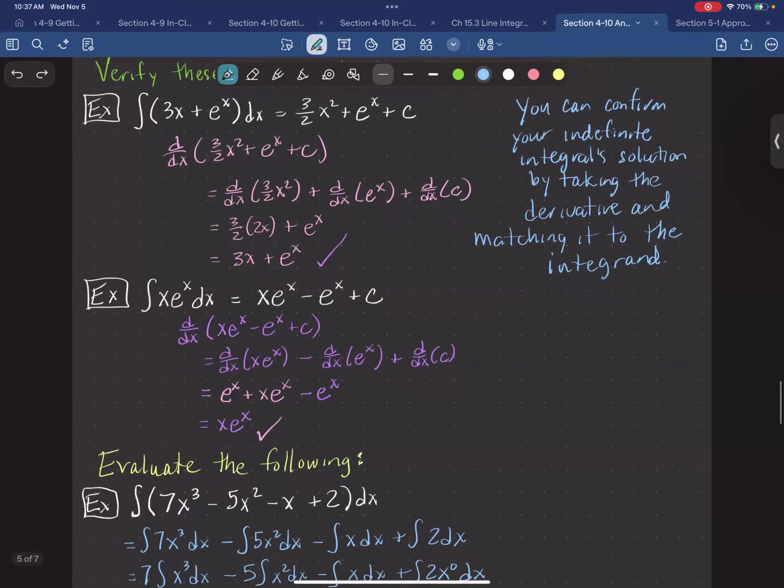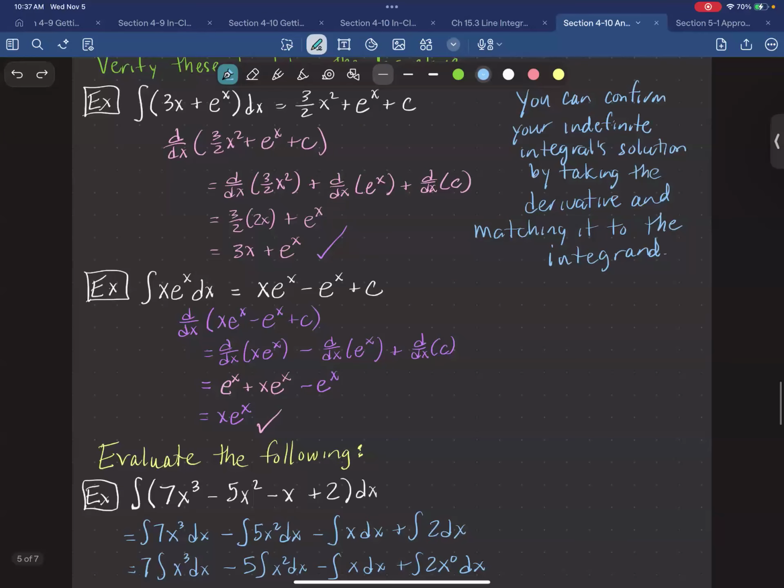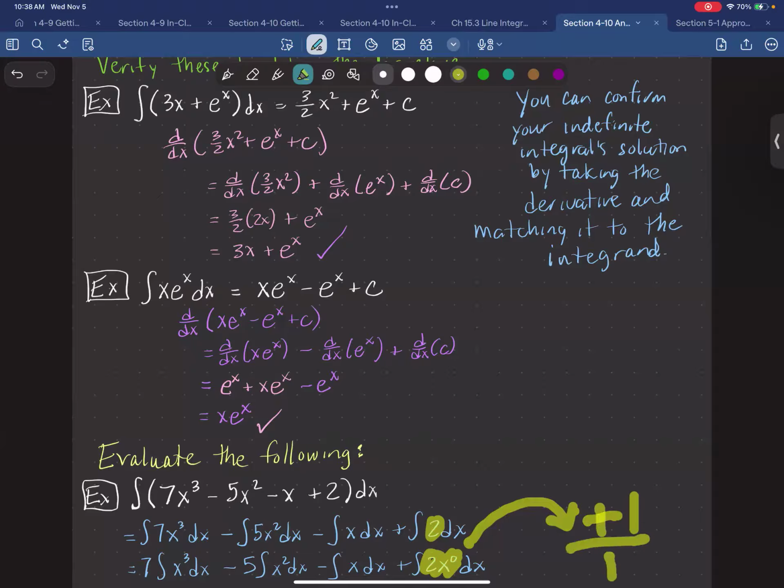Then you can pull the coefficients out front. Here, notice I didn't pull a coefficient out. I actually went from 2 to 2x to the 0 because it makes it a little easier to see what I got to do. When I integrate, I go up a power, and then I divide by the power. Okay?